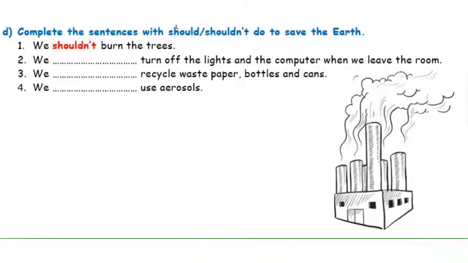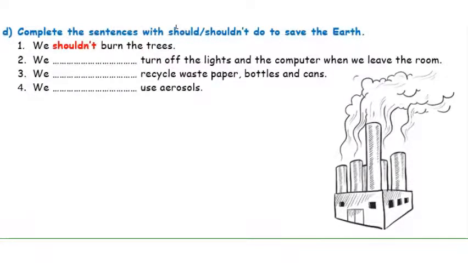What about turning off the lights and the computer when we leave the room? Should we turn them off or not? Are we reducing air pollution this way? Yes, for sure. Since to have electricity you need generators. Generators use fuels to produce electricity.